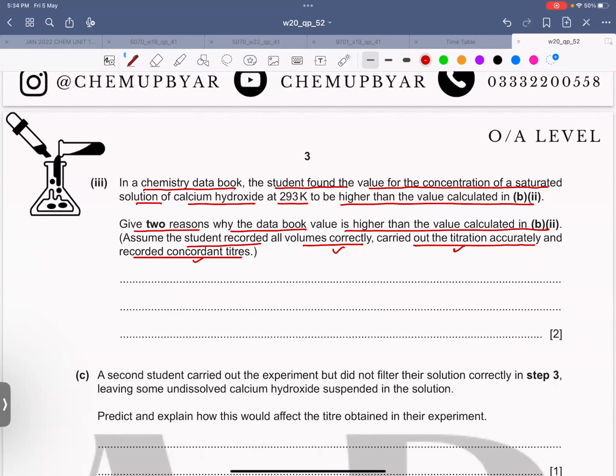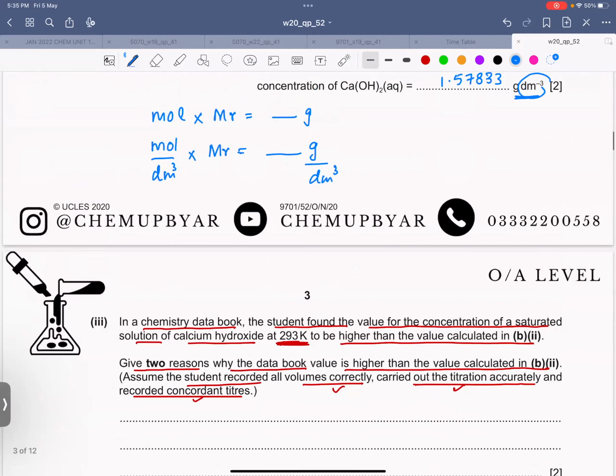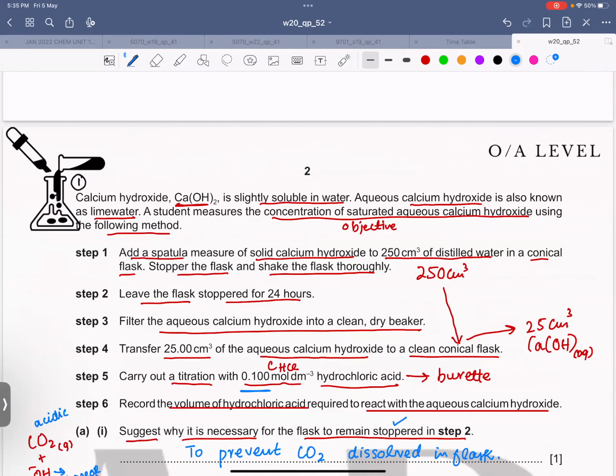So they said that this value is at 293 Kelvin, right? So one reason can be that when the calcium hydroxide is dissolved, the student wasn't able to maintain the temperature, right? So the temperature of the solution is actually different from this 293 Kelvin. Is this understandable? Because in the whole method they didn't mention at what temperature they are performing the experiment.